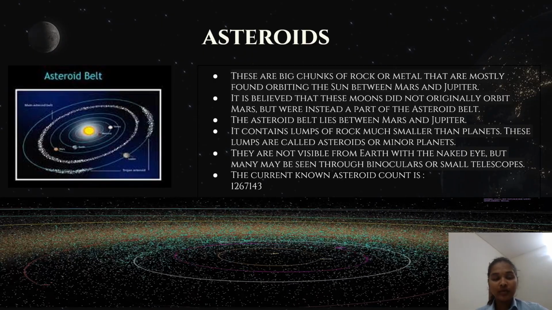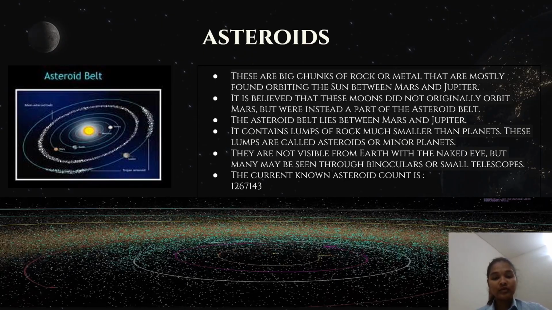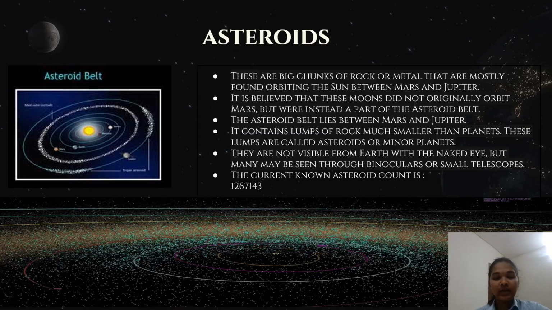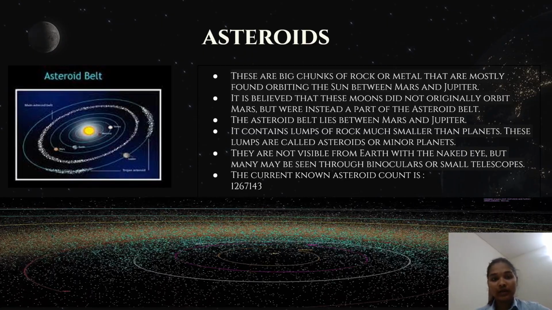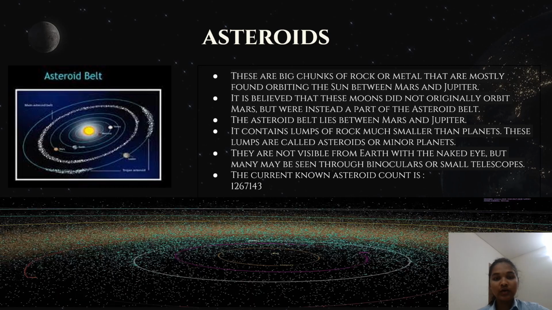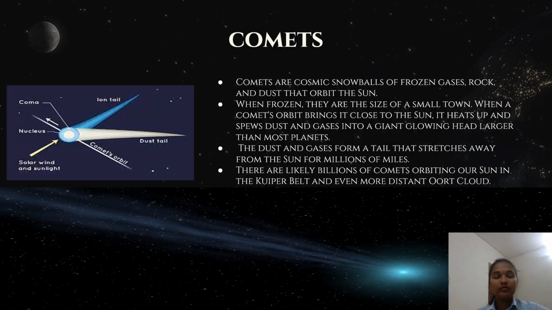The asteroids are present in a large amount, which are also moving in orbit. They are large in amount, but they are not visible from Earth with the naked eye. The current known asteroids are 12,67,143.